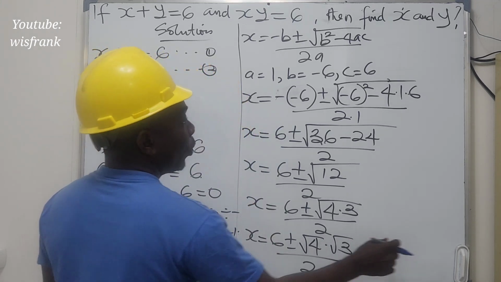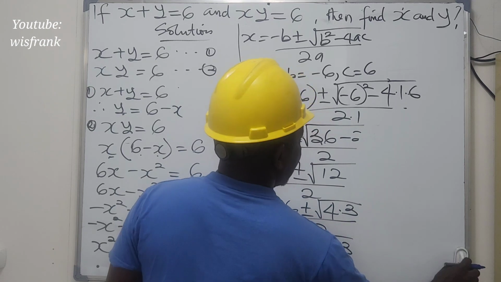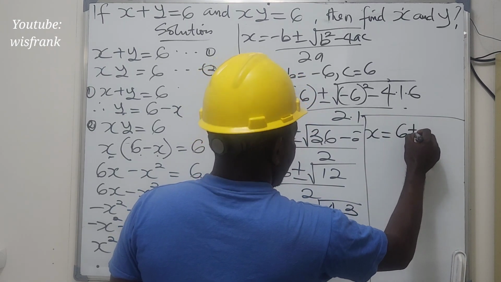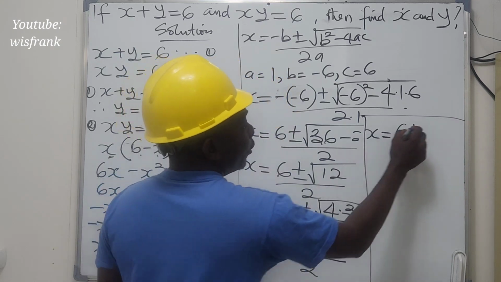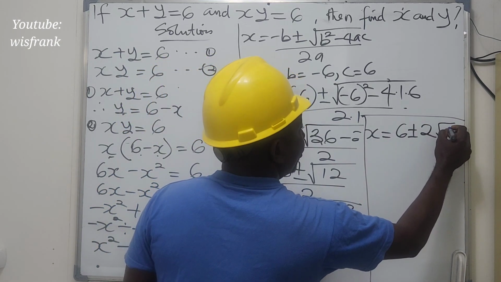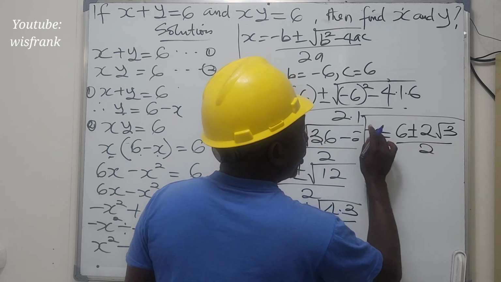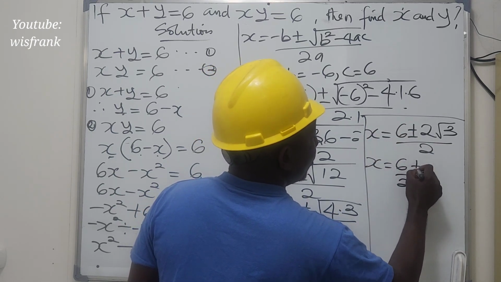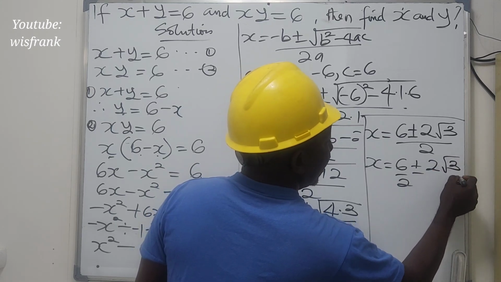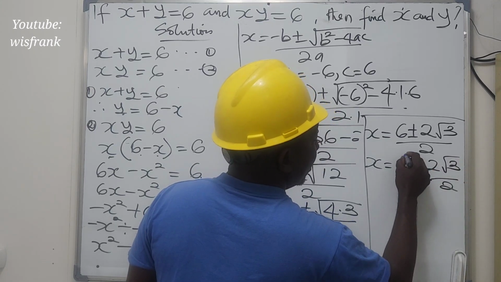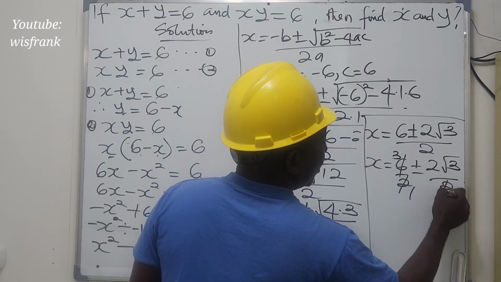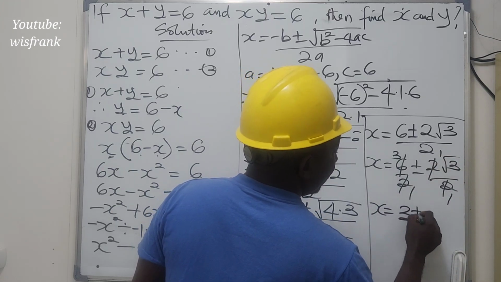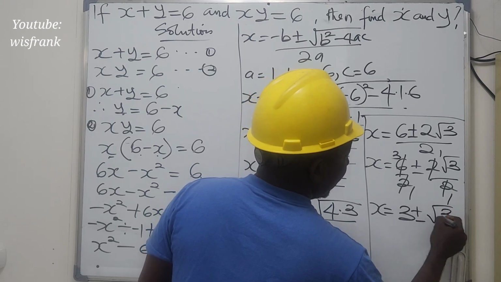The square root of 4 is 2. Then we have root 3, all over 2. This can be written as x equals 6 over 2 plus or minus 2 root 3 over 2. 2 cancels 2 here, and 2 cancels 2 here. Therefore, our x equals 3 plus or minus root 3.